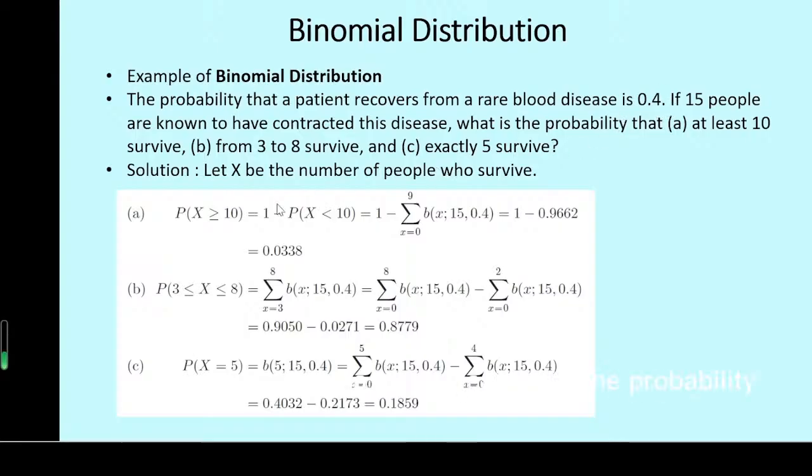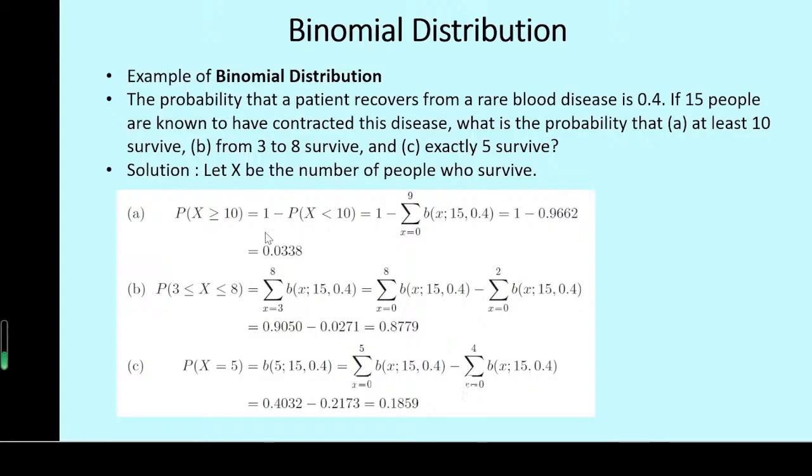So for question A, we will calculate the probability x larger than or equal to 10, which equals 1 minus P(x less than 10). We note that when we calculate the binomial distribution, usually we will find a probability table called the binomial distribution table. From this table, we can very easily find the values of the sums for different values of x with their probabilities in the binomial distribution.